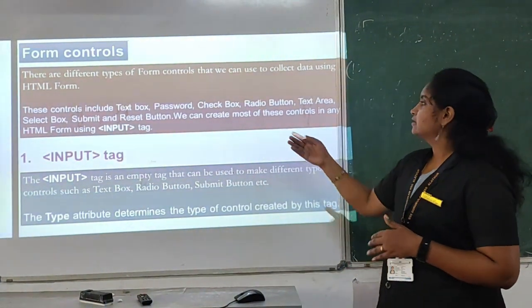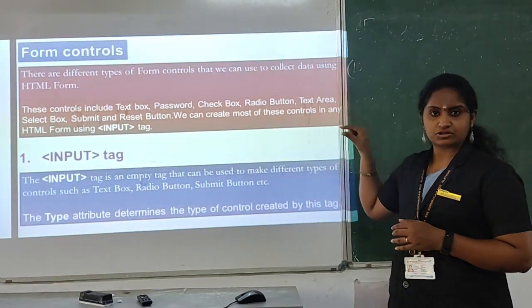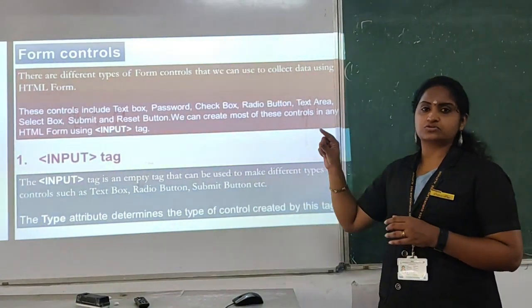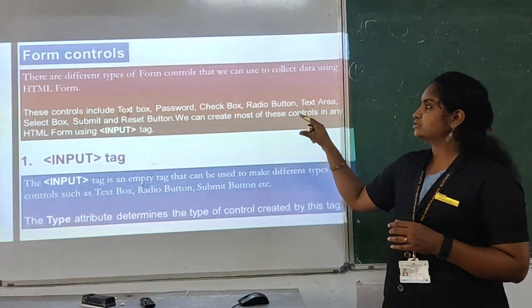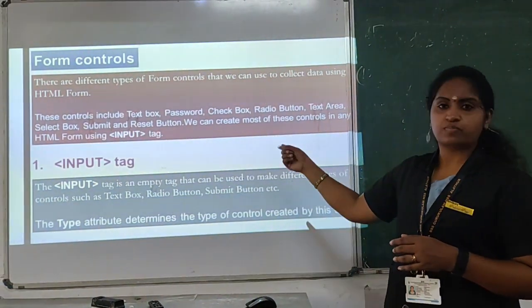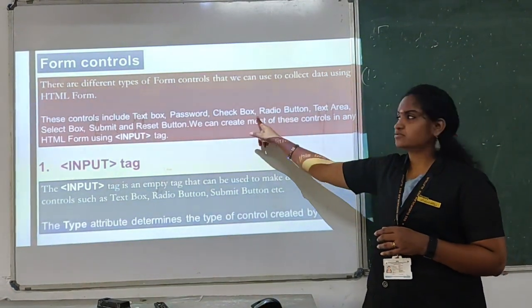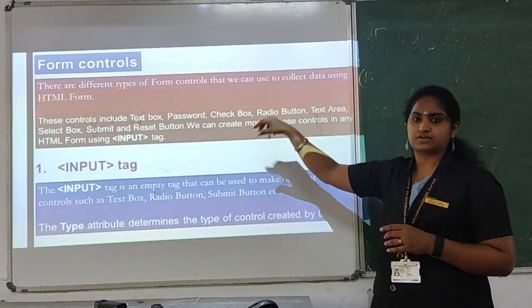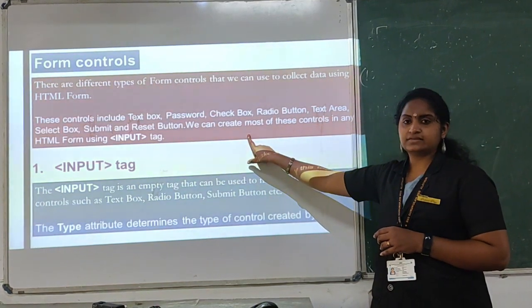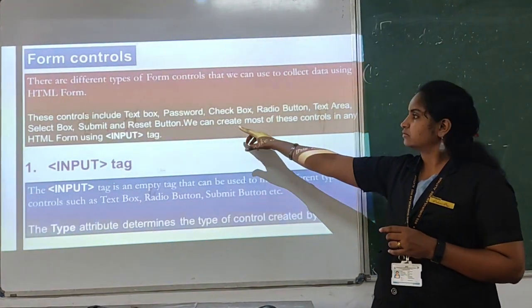The text box is a rectangular box where you type the username. The same applies to password. If you are using password, it will be displayed in asterisk form. So that is another control.